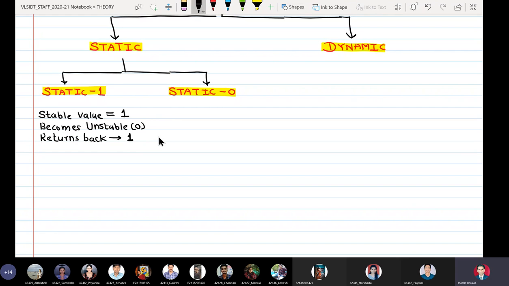Okay, I repeat. The static 1 means what? What is the behavior? The output stable value is 1, it becomes unstable, that is 0, and then returns back to 1.